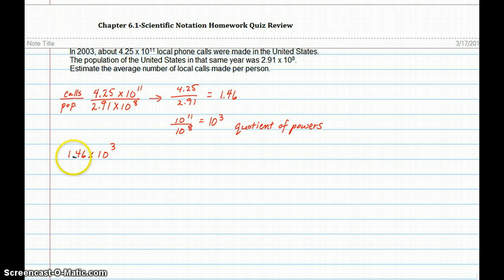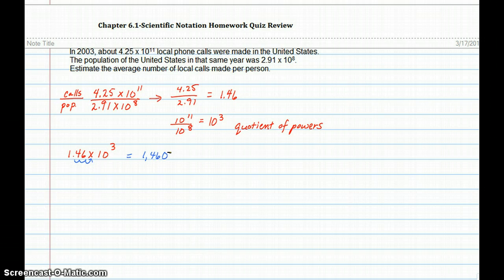So we now have to answer it in the manner in which it's being asked. It says, estimate the average number of local calls. Now this is okay, I guess you could put this many local calls per person, but I would rather that you actually moved your decimal. 10 to the 3rd moves the decimal 1, 2, 3. You don't have a digit there, so that's going to equal 1,460.